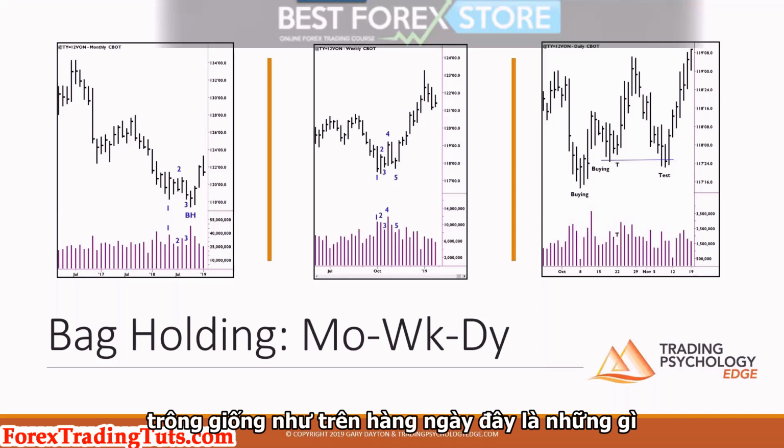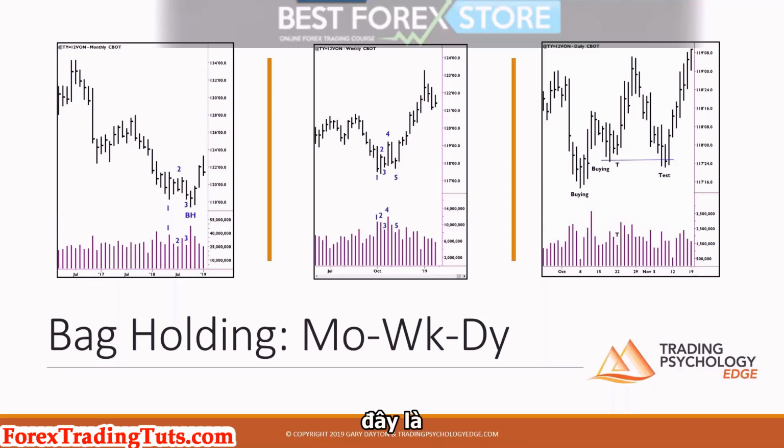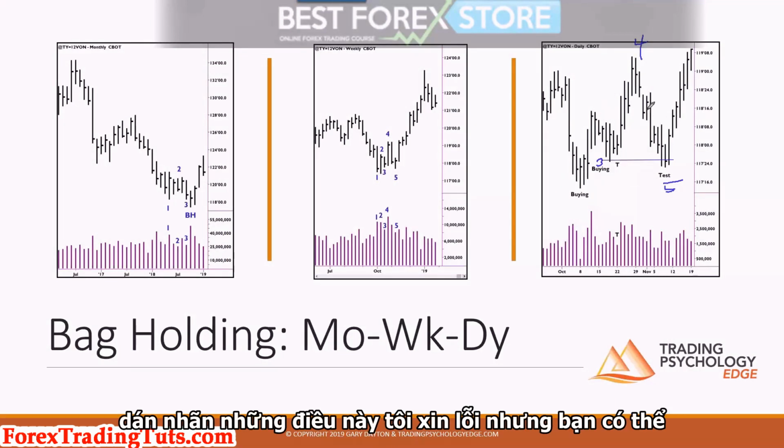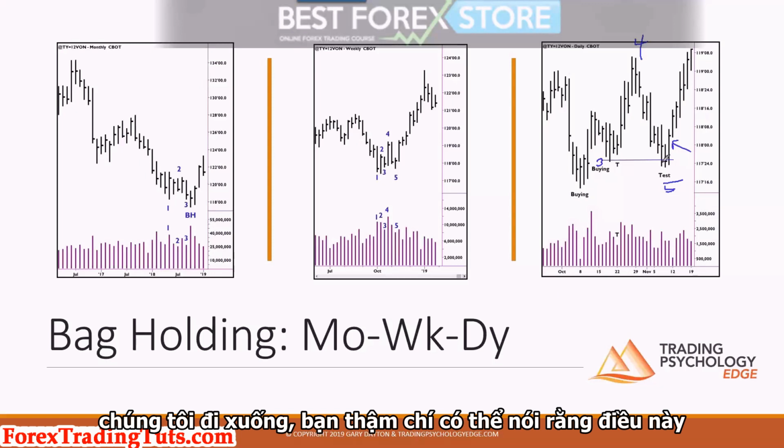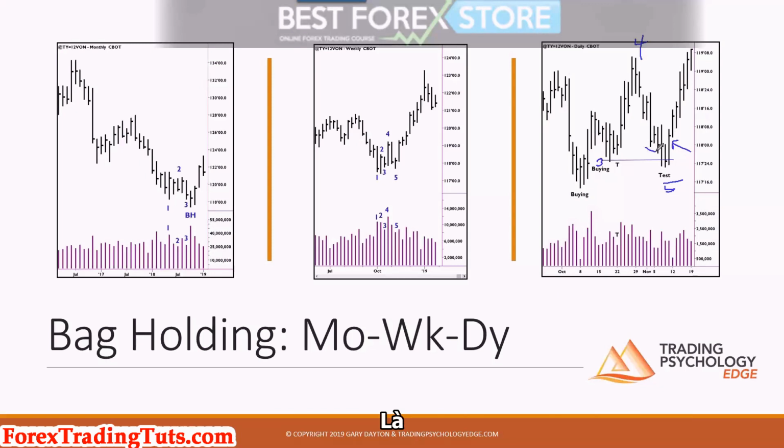This is 3 down here. This is 3 in here, 4 and 5 on the weekly. I should have labeled these. I apologize. But you can see this is the entry right there. We come down. You can even tell that this is holding in here and not coming all the way down.